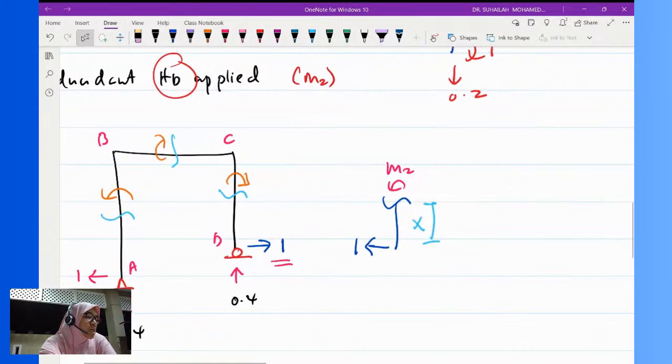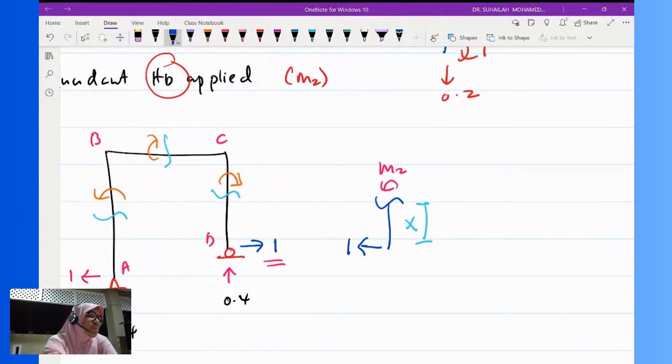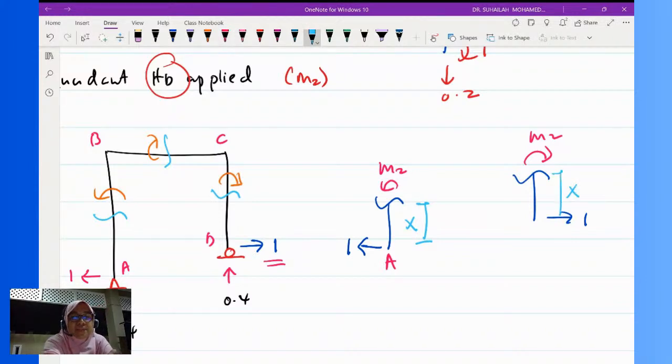For CD, what about CD? This is A. CD, we have 1 here, and moment clockwise, this is M2. The distance is x.